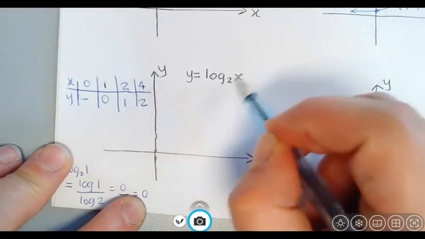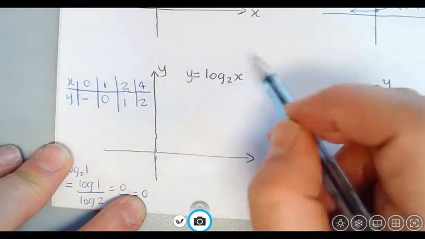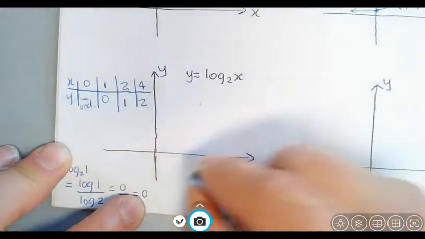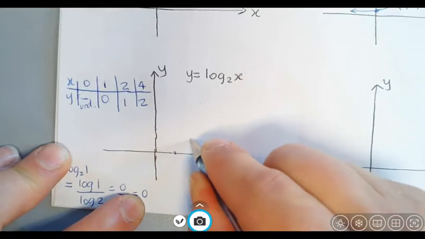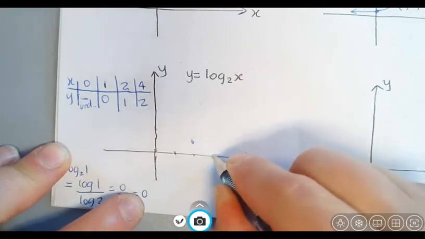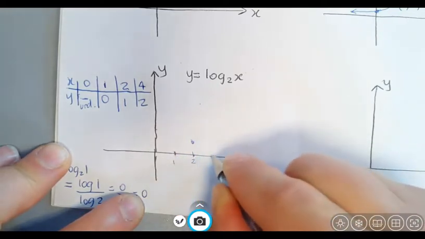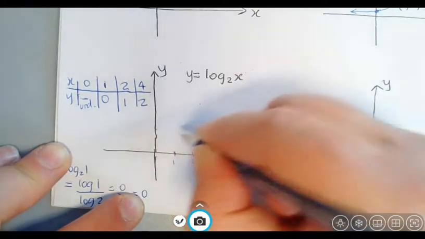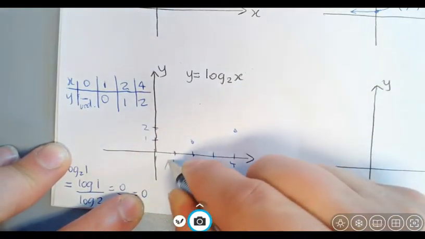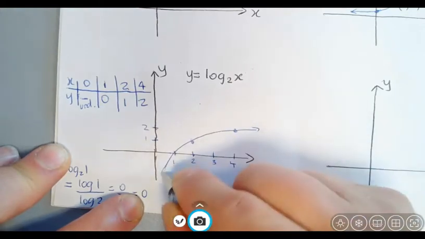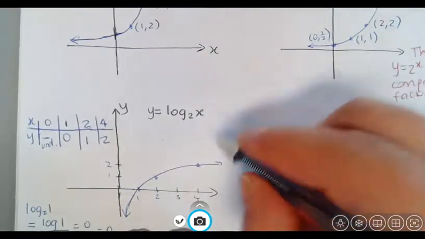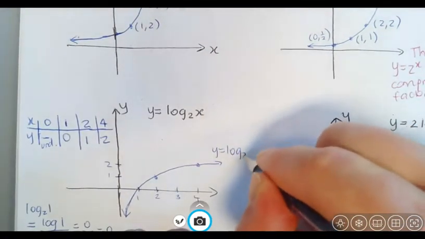So plotting that, we've got 0, that's undefined, (1, 0), (2, 1), and then we've got (4, 2). And we know that the line x equals 0 is a vertical asymptote. So this is y equals log to the base 2 of x.